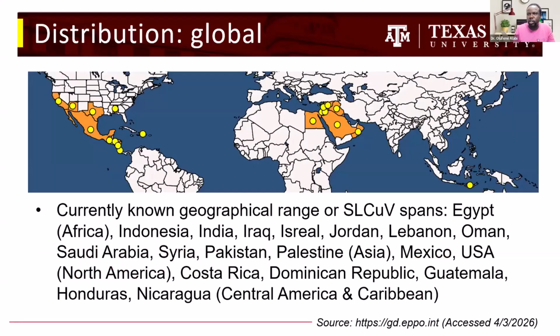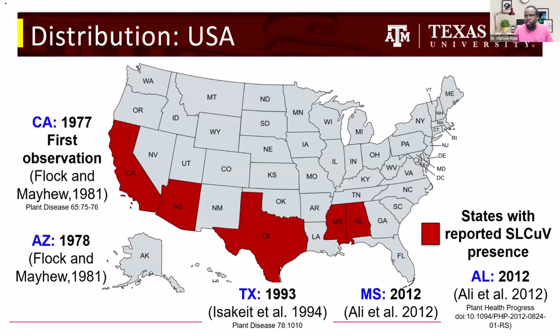In terms of the distribution, every yellow dot you see there shows a country where squash leaf curl has been identified. And these countries span Asia to South America, to Central America, to the Caribbean, but also, of course, to the United States. And as far as distribution in the United States is concerned, like I mentioned previously, it was first observed in California in the late 1970s, and about a year after in Arizona.